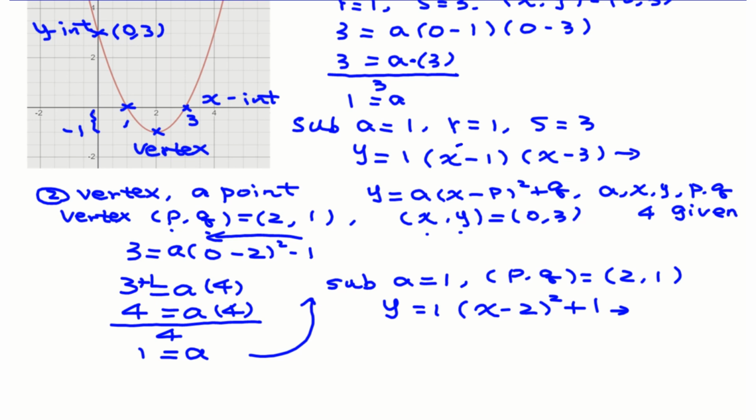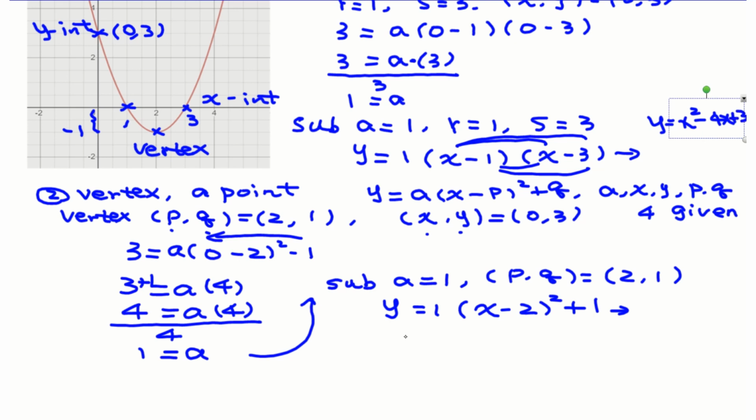If we expand (x minus 1)(x minus 3), x squared minus 3x minus 1x plus 3, it will be y equals x squared minus 4x plus 3. This is standard form.